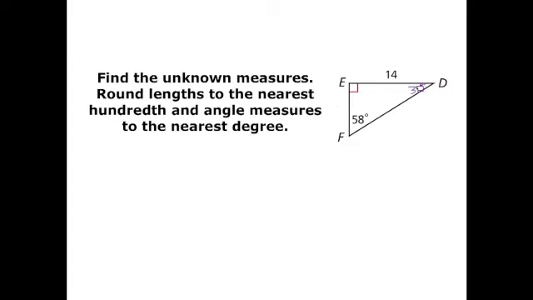So when I do the tangent of 32, it would be EF over ED, opposite over adjacent. Now, by doing that, I've put EF in the top. So when I set this up, it makes EF much easier to solve for.